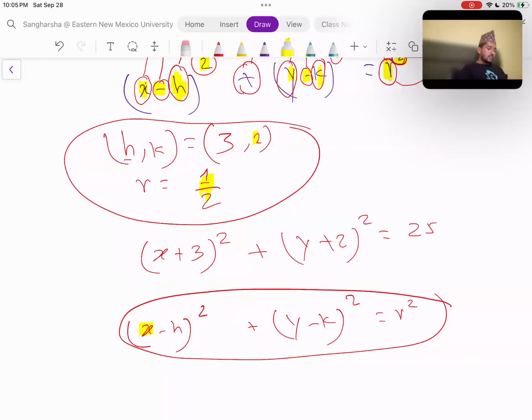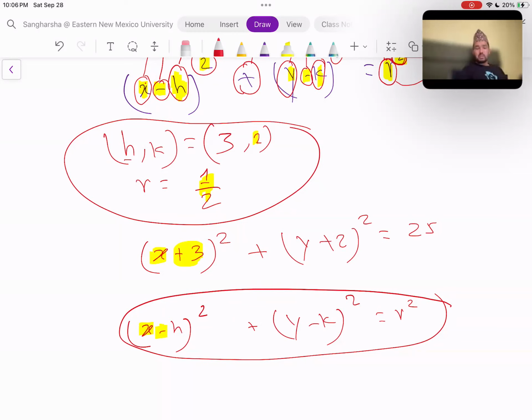For x you have x, but for minus, you have positive. That's not helping. You need to have exactly the same thing, so you need to rewrite this positive 3 with a negative sign. How can we rewrite positive 3 with a negative sign?